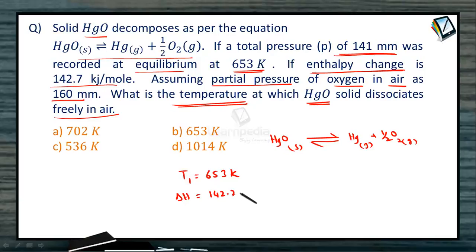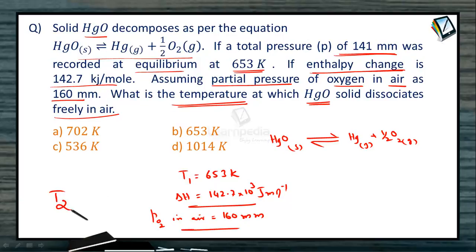So 142.7 into 10 to the power of 3 joules per mole. And later it's given as partial pressure of oxygen in air is 160 mm and we are asked to find out the temperature T2 at which the solid mercuric oxide, if kept in open air, undergoes dissociation.